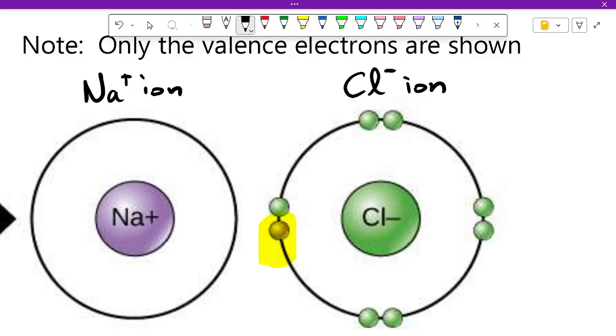Why do they stick together? Because sodium has no electrons. It gave away an electron, so what happened to it?